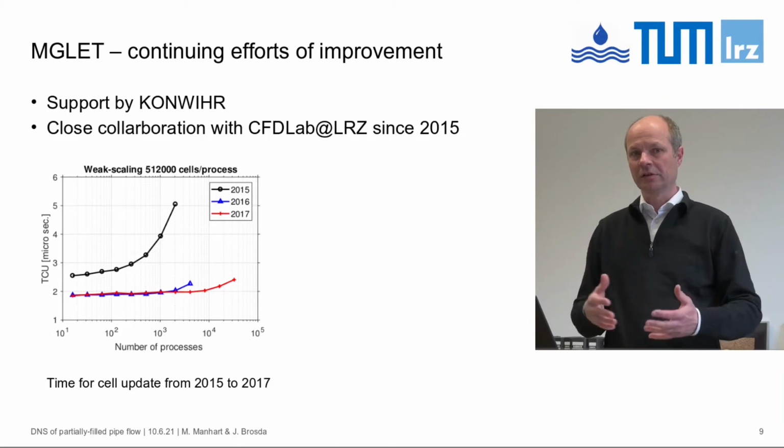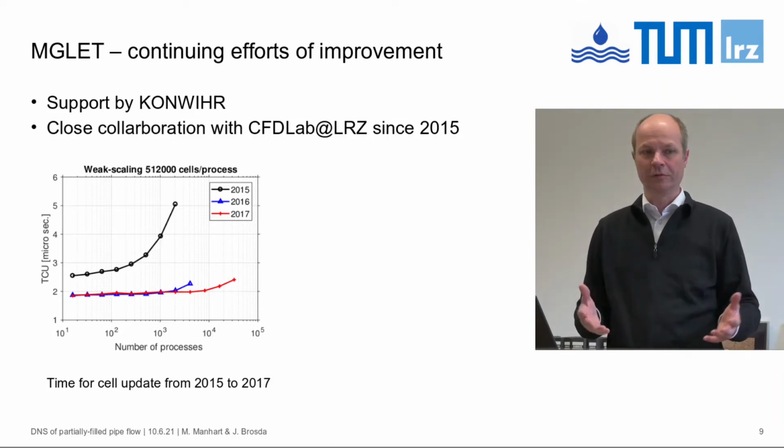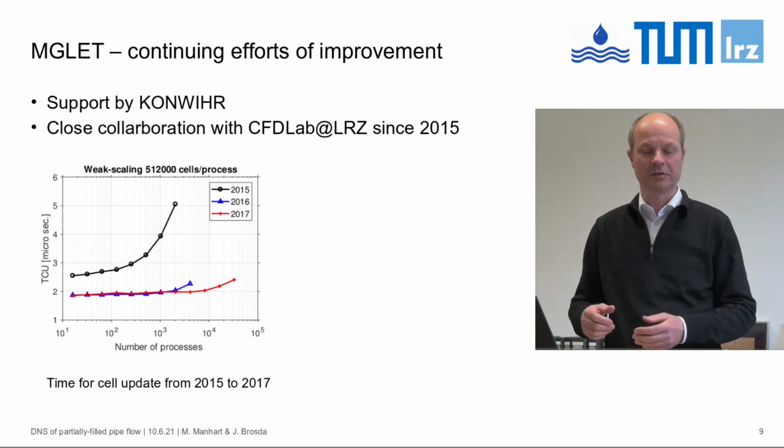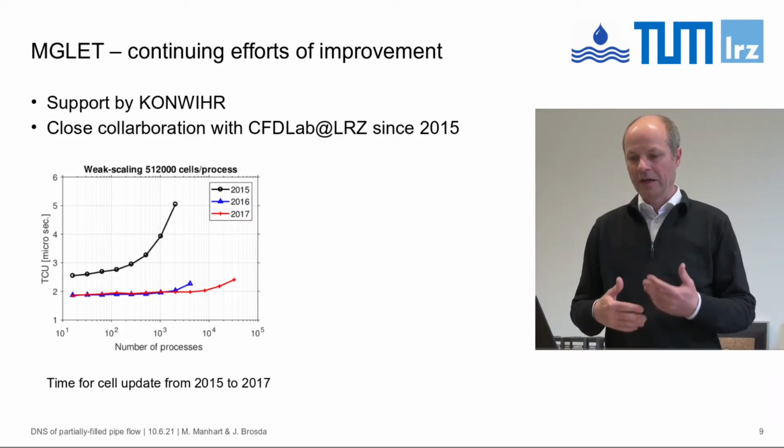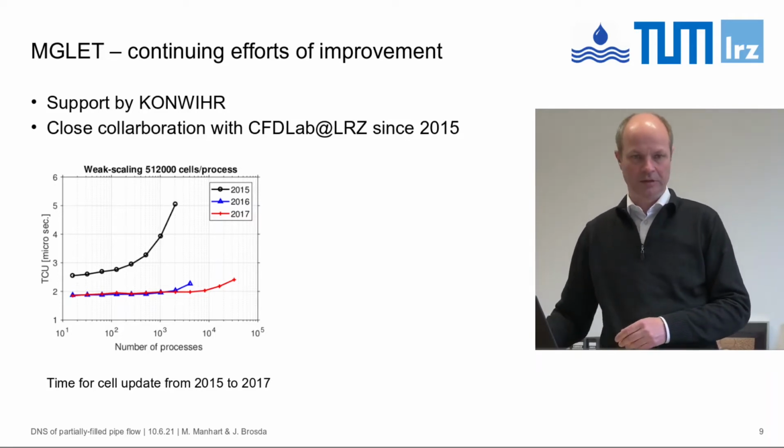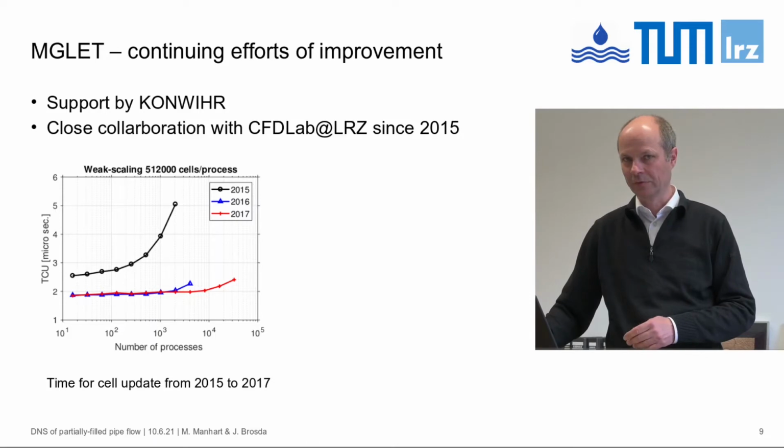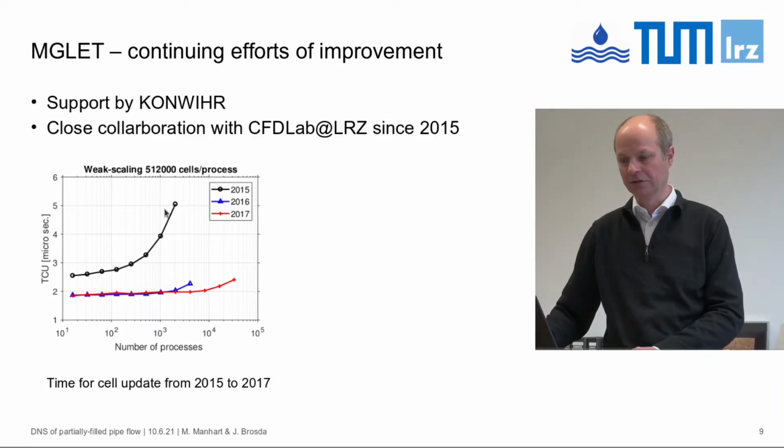We see here 3 curves that represent the time for cell update and the development from 2015 to 2017. The original version from 2015 started to get inefficient at several thousand cores.